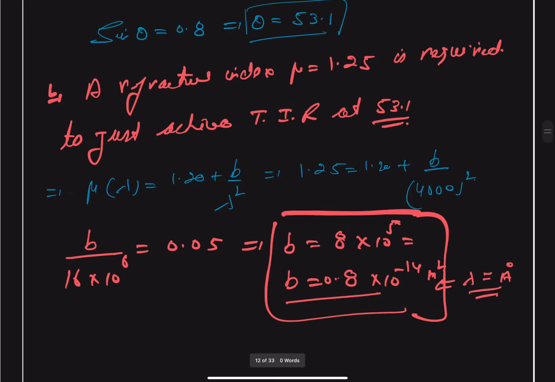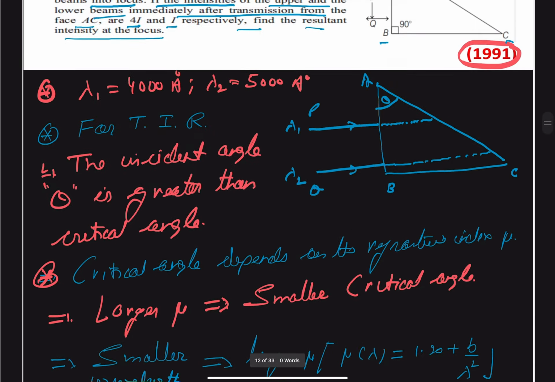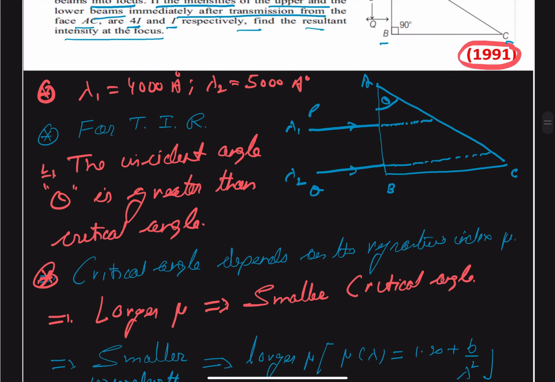Now we have to find out. So therefore we can modify this figure. Q will be passing through, so we can just draw a normal here, and it will be going like this, and lambda 1 will be having a total internal reflection, so this will be in the downward direction.